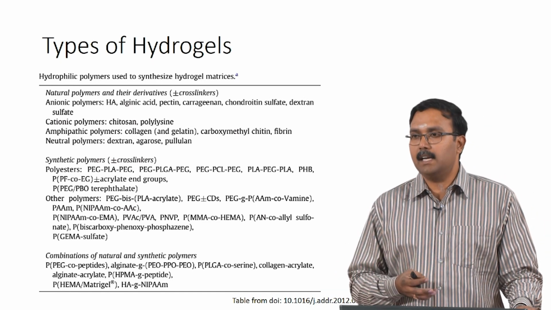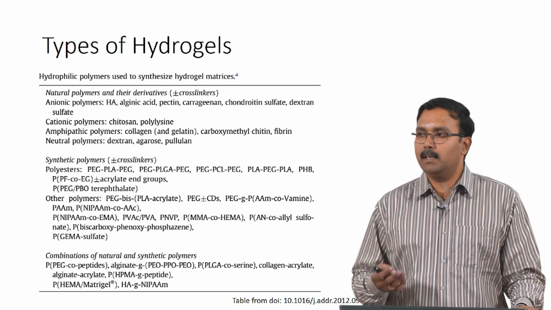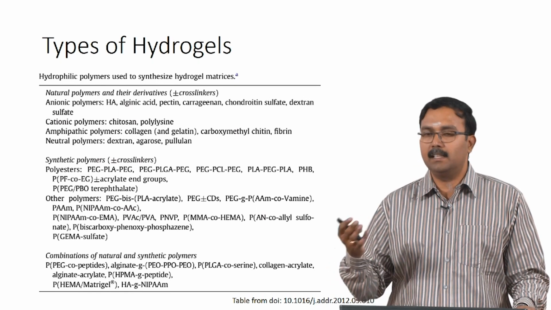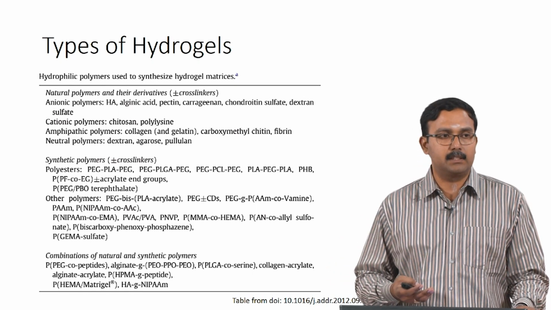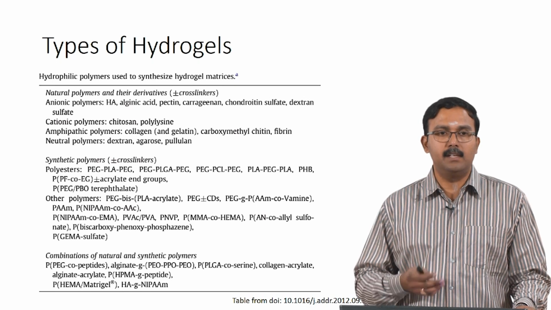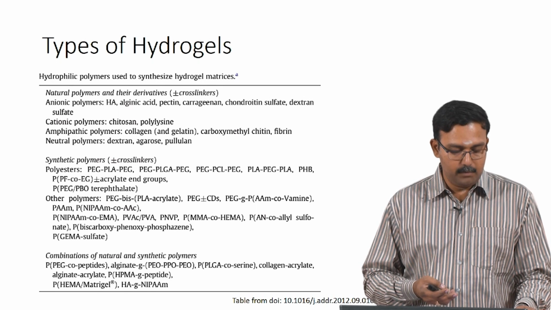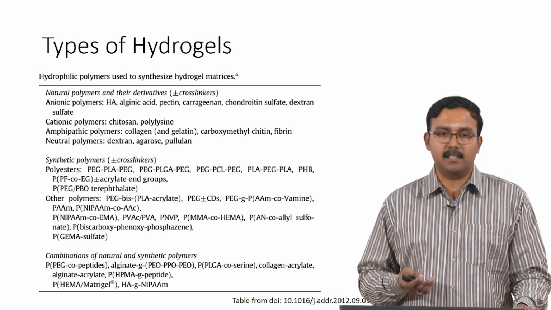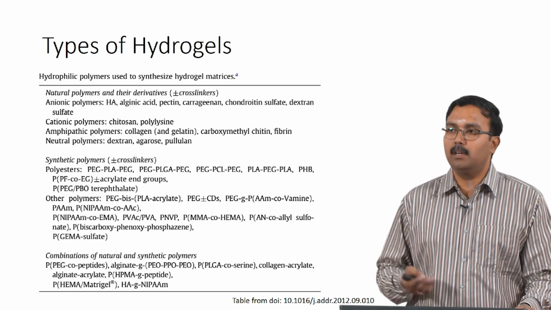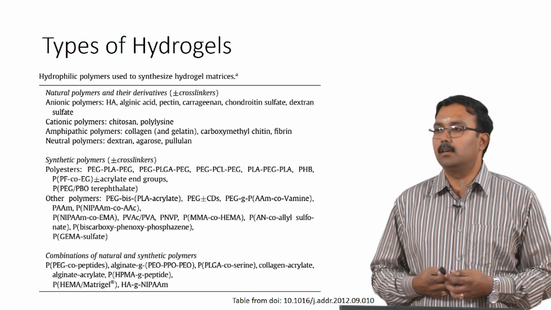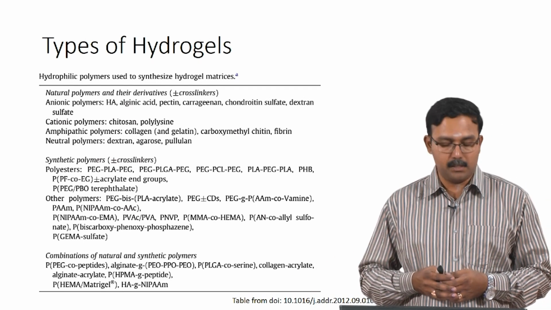These charges actually play a role when it comes to cell attachment and cellular interactions. Okay. So, you can design hydrogels using these, and you also have neutral polymers like dextran, agarose and pullulan, which have also been used for preparing hydrogels.